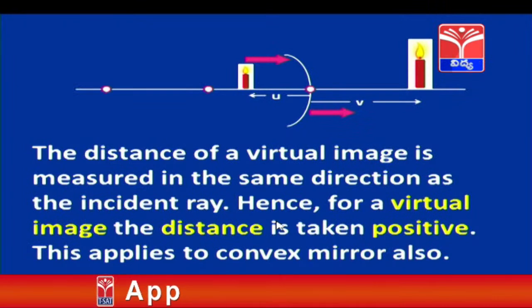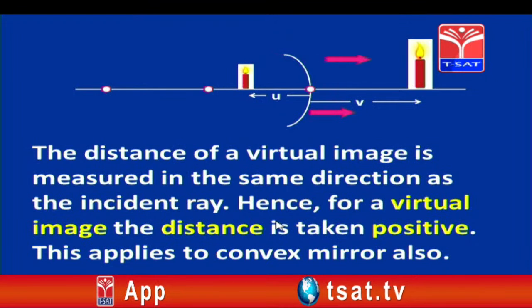Next, children, what if it is a virtual image? We know that a concave mirror also forms a virtual image. When does it form a virtual image? Yes, when the object is placed between P and F, the mirror forms a virtual image which is behind the mirror. Now, let us see the directions. The direction of the incident ray again is towards the mirror.